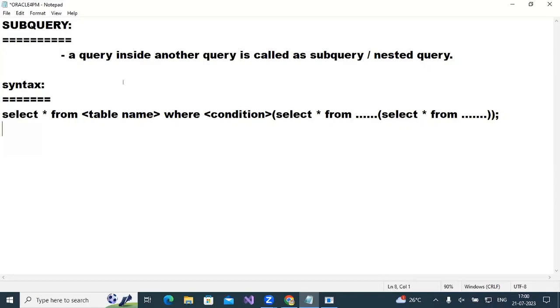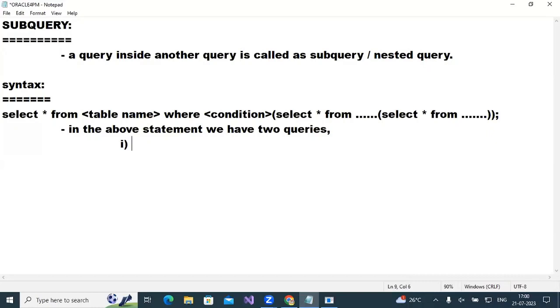In the above statement, can you see, we have two queries. What are those two queries?